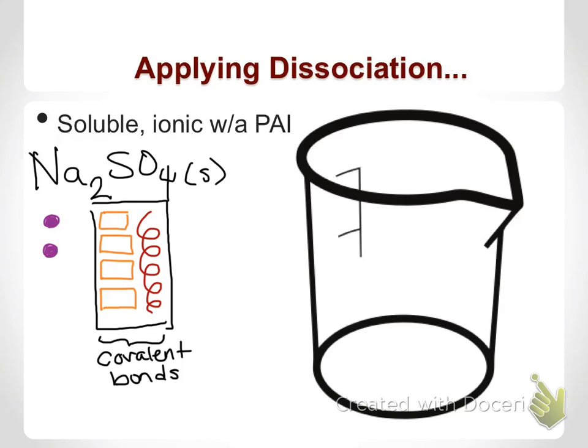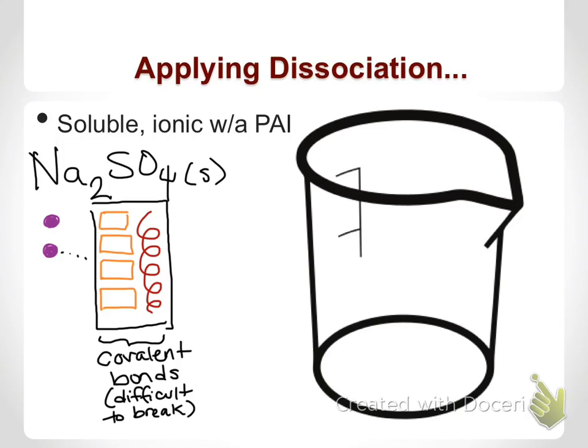So all of those bonds inside are going to be covalent bonds, which are much more difficult to break. And remember, in order for something to dissolve or to dissociate, the attraction for the solvent has to be greater than the attraction to itself. And those covalent bonds are very much attracted to themselves.